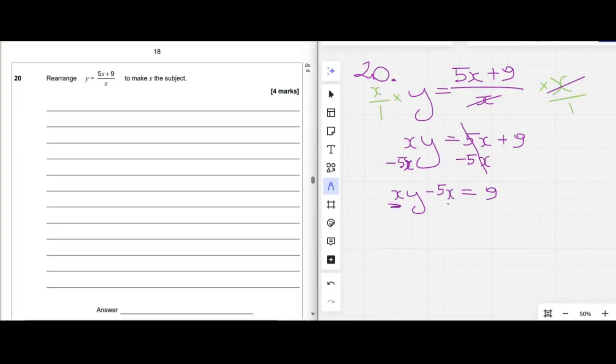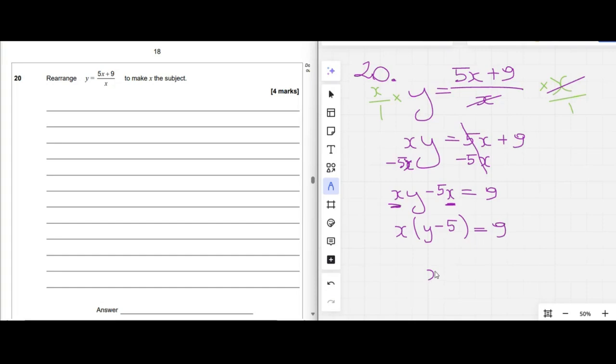And here, x is a common factor, so let's factorize it. Put x in front of the parentheses. From the first, it will be y, and from the second, it will be minus 5. Equals 9.